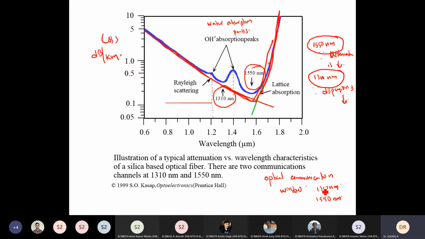There is always a small span of wavelengths at which the dispersion is minimum, and similarly there is always a small span of wavelength range over which the attenuation is minimum. However, you should always remember these two wavelengths. 1300 is important because the dispersion is the least. 1550 is important because the attenuation or the loss is the least.